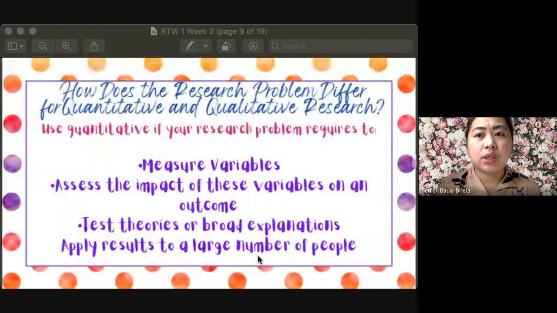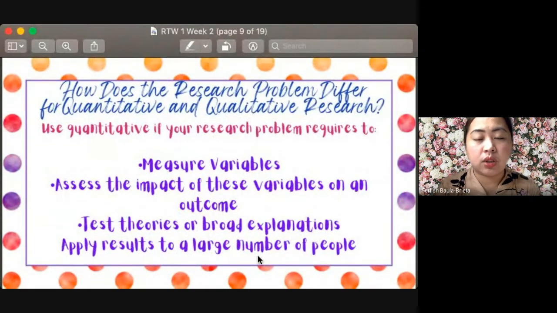So your research problem, you might consider formulating a quantitative research problem where you will measure variables in numerical data. You will assess the impact of these variables on an outcome, or you will test theories which would explain by or using numbers.